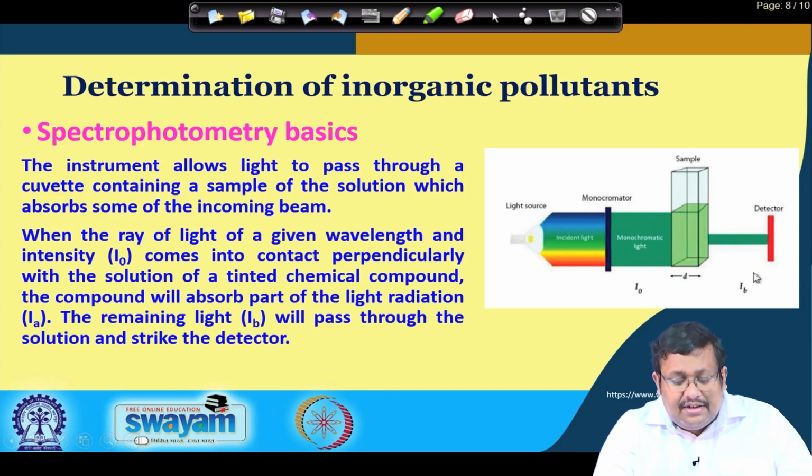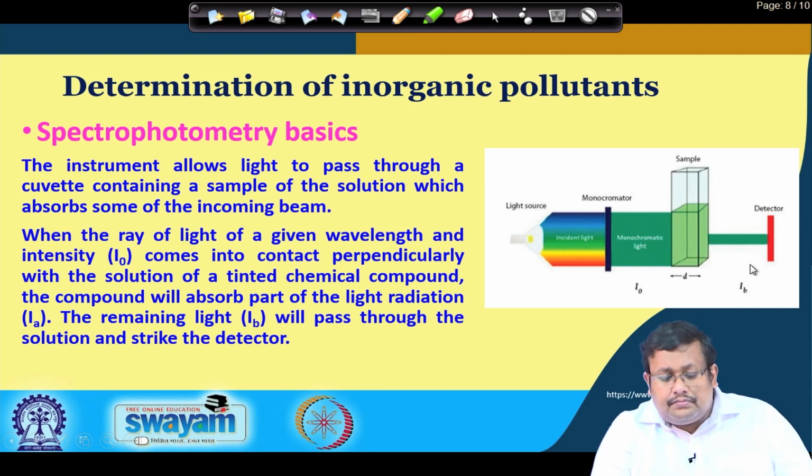When a ray of light of a given wavelength with intensity I0, the incident ray, comes into contact perpendicularly with the solution of a tinted chemical compound, the compound will absorb part of the light radiation, denoted by IA, and the remaining light, IB, will pass through the solution and strike the detector at the other end. If we combine IA plus IB, that sums up to the incident intensity, and d is the path length.